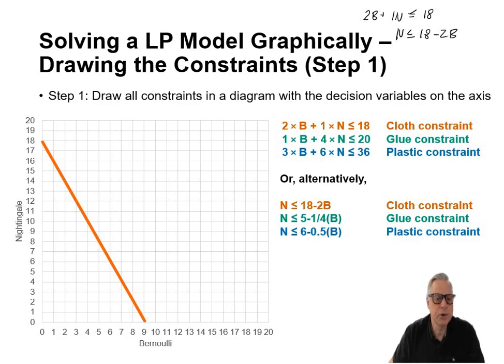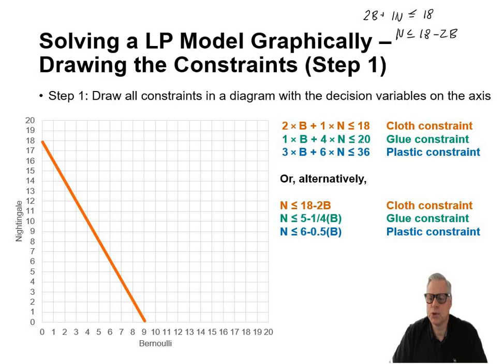And what we can do is rearrange again the equation to isolate n to the left side of the equal sign. And if we do that, we will get 5 minus 1/4 times b. Or I'll just say, if I use up all my glue to produce Nightingales, how many Nightingales can I produce? Well, 20 divided by 4, that's 5.